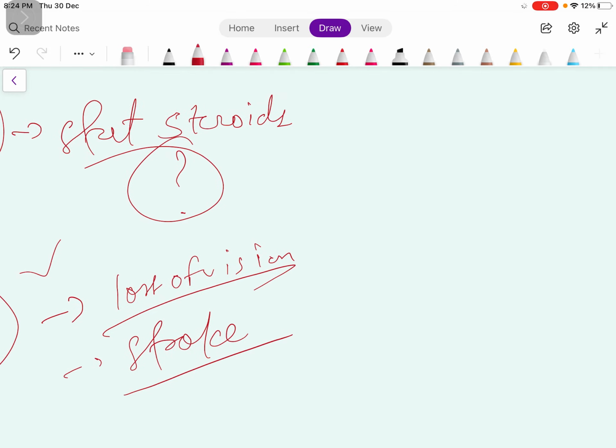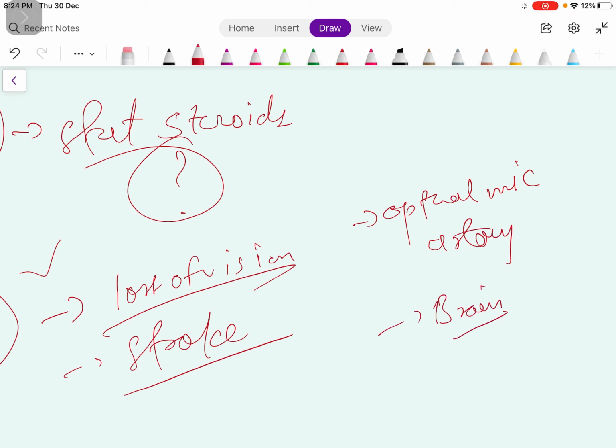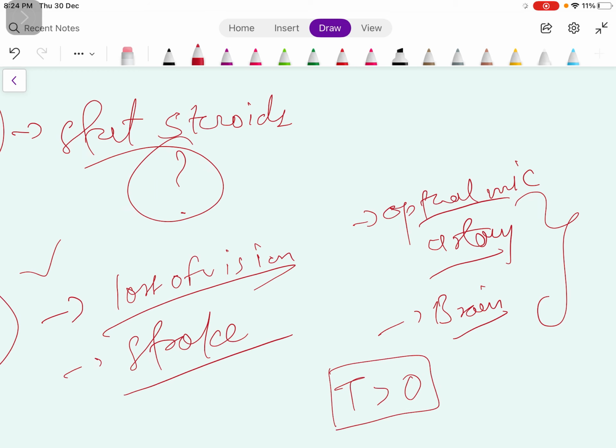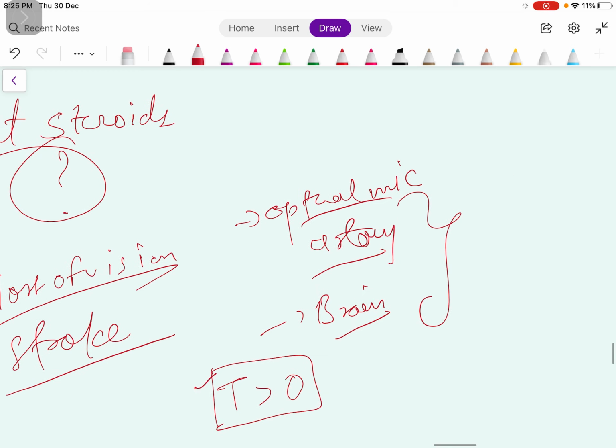Why? Because in giant cell arteritis, not only the temporal artery is affected; the ophthalmic artery can also be affected, or any of the brain vessels can be affected, because this inflammation is affecting the large vessels. Most commonly the temporal arteries are affected, then the ophthalmic arteries.